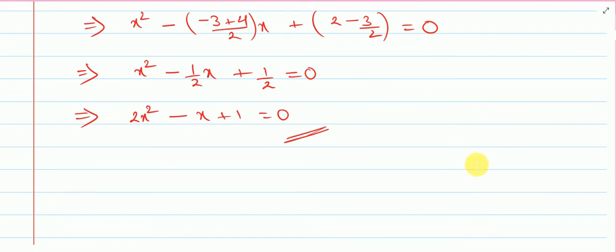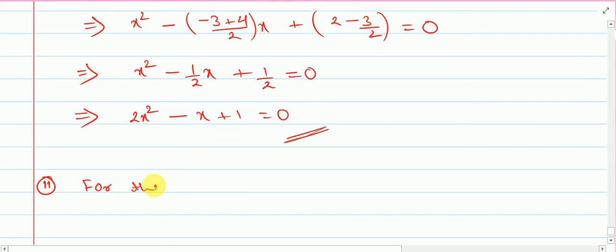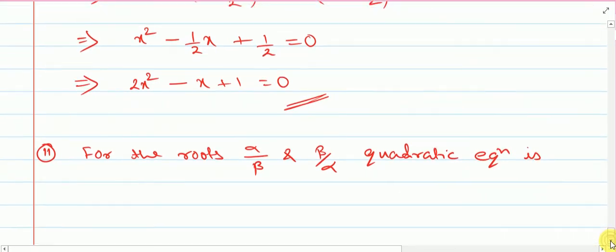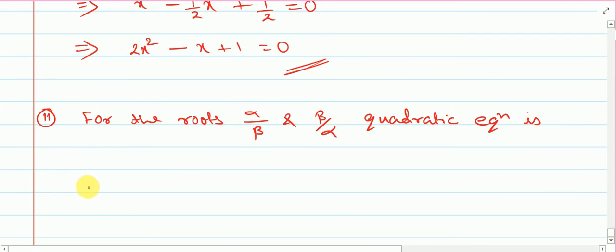Now next one is number 2. For the roots alpha upon beta and beta upon alpha, the quadratic equation is the same concept: x square minus sum of the roots.